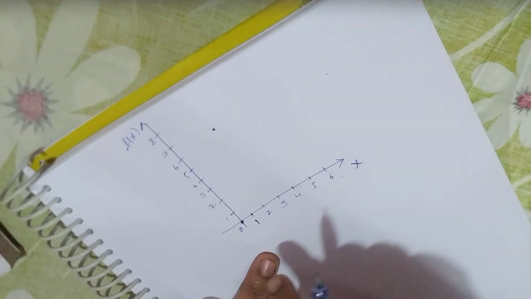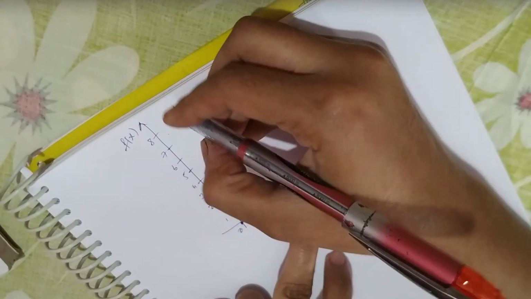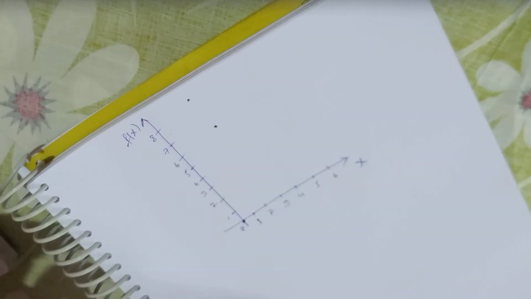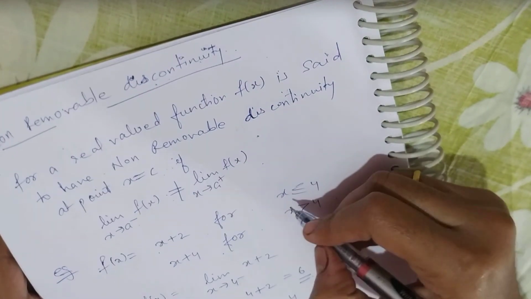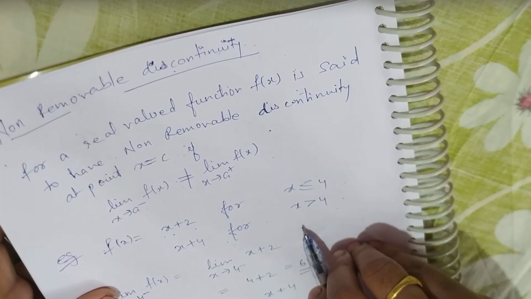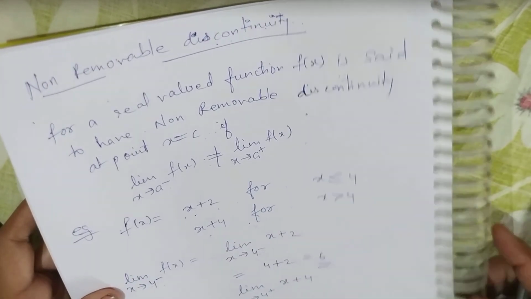For the value of x less than or equal to 4, the value of the function is x plus 2, and for the value of x greater than 4, the value of the function is x plus 4.